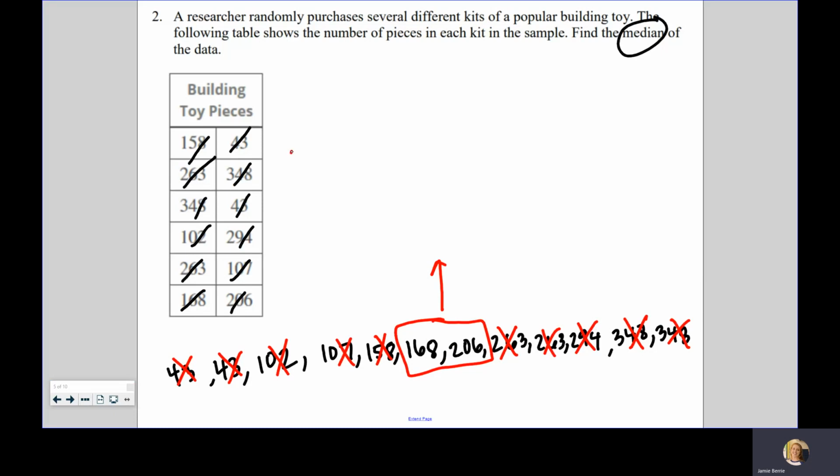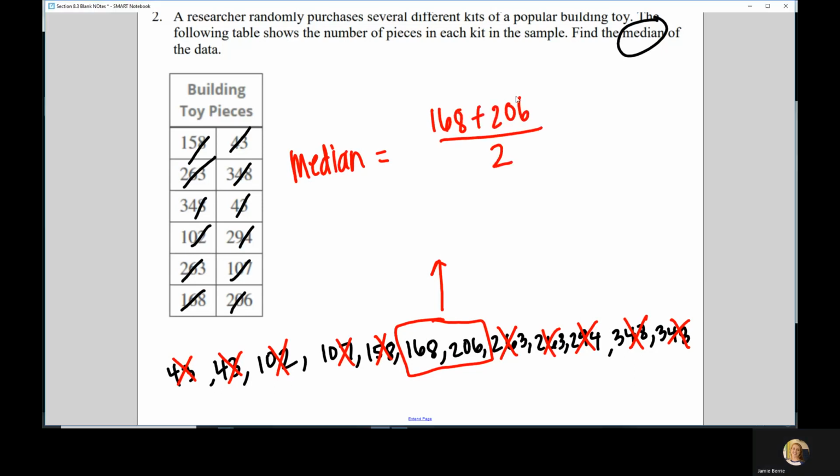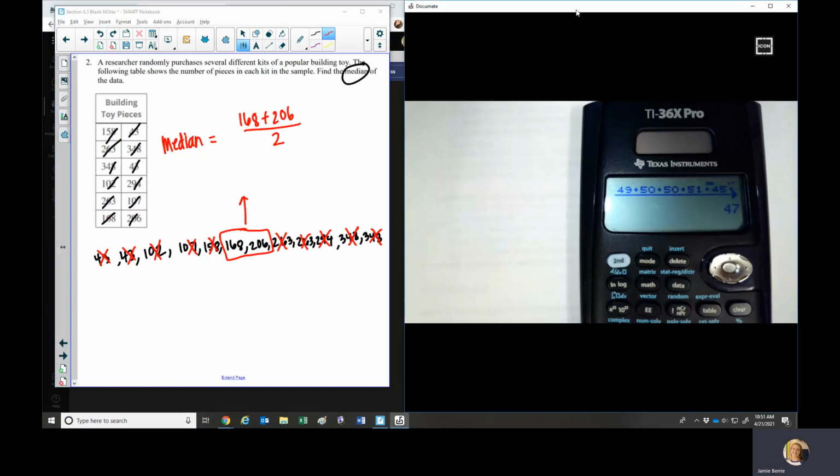So you go up here and you'll say, okay, the median is going to be the average of those two data values. So it's 168 plus 206 divided by 2, and there's our median, 187.